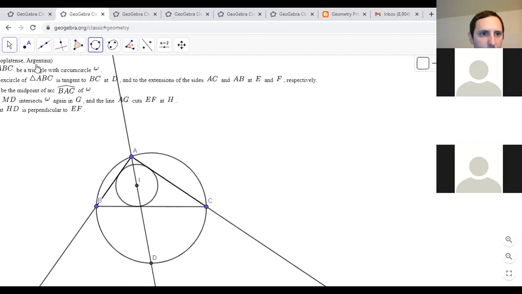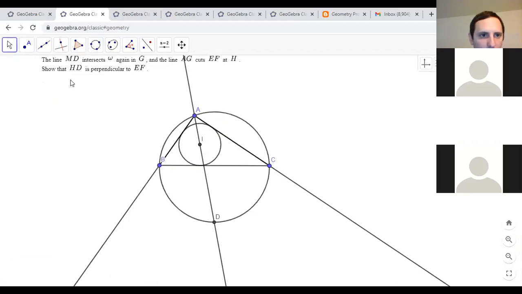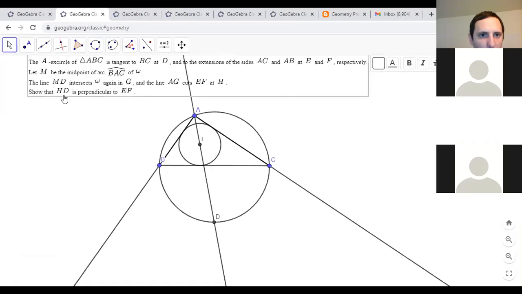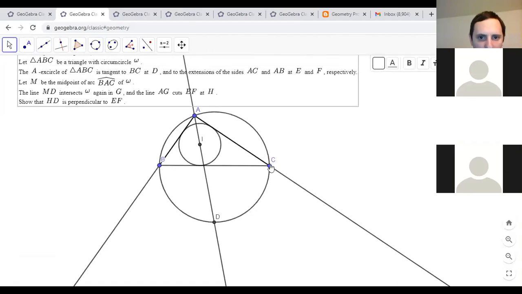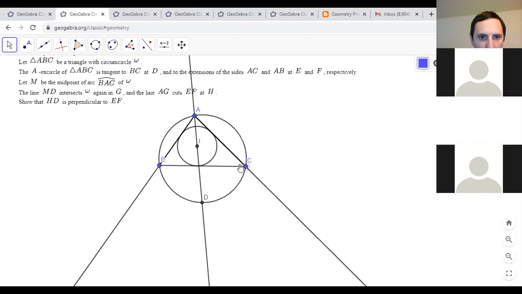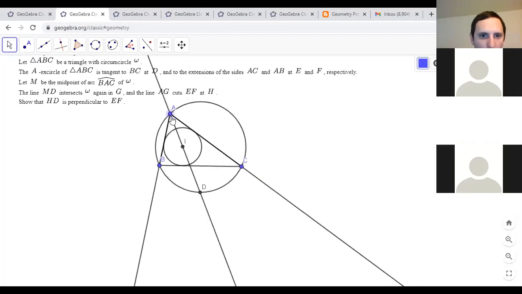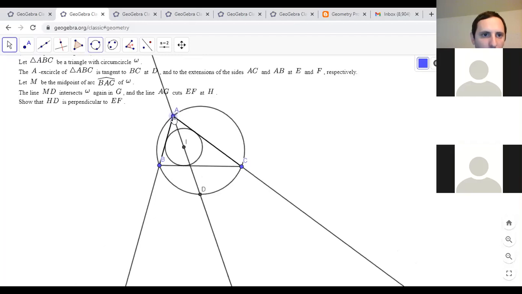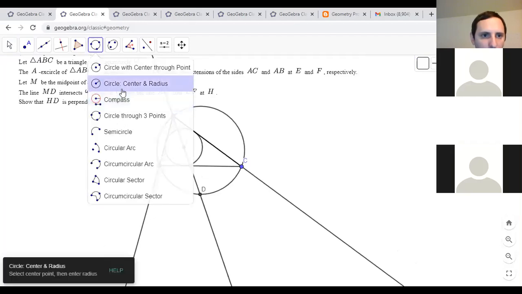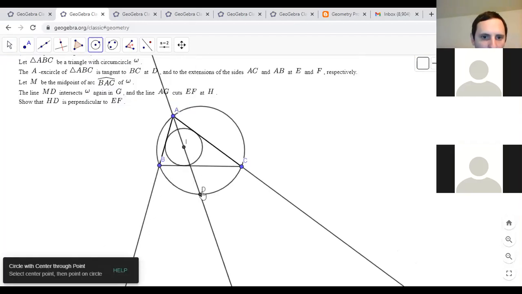I'm going to want to move this up a little bit to make more room.